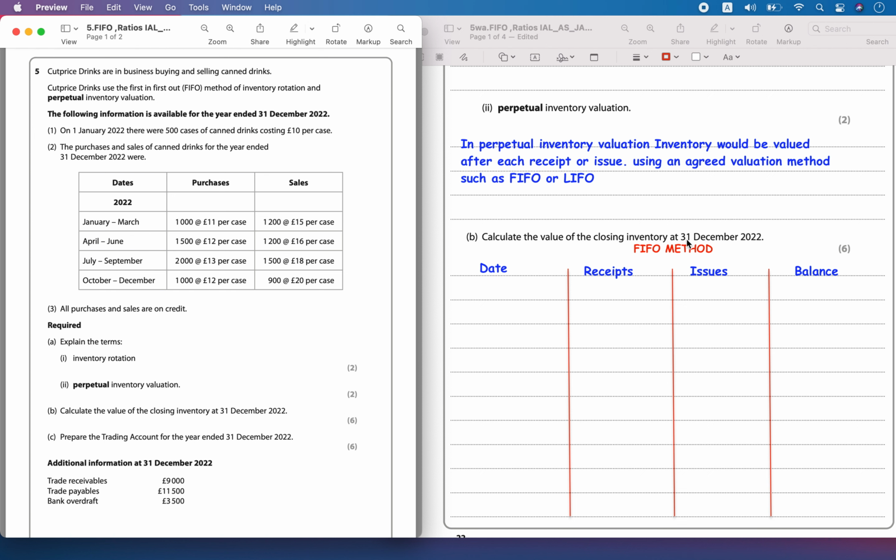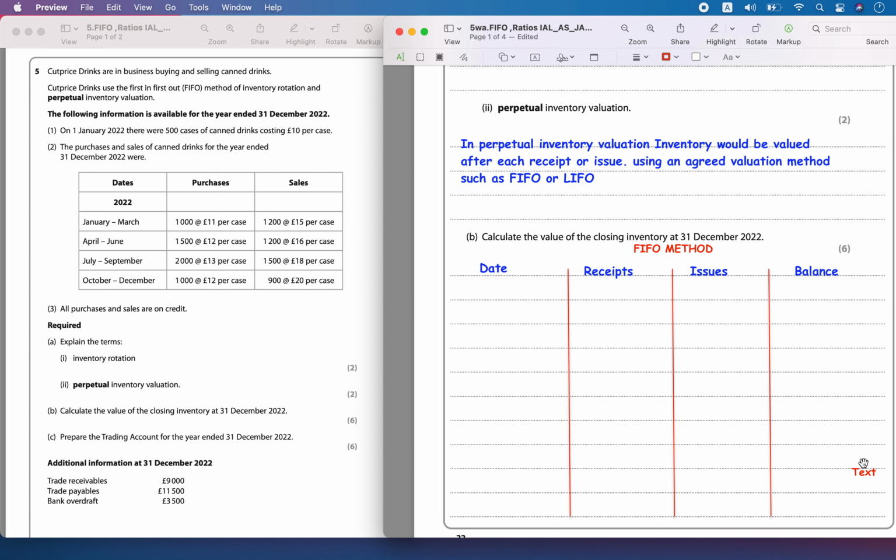Then calculate the value of the closing inventory at 31st December 2022 using the FIFO method. So let's calculate. First, the opening inventory balance. We can see that on 1st Jan 2022 there were 500 cases of canned drinks costing £10 per case. So let's start off.